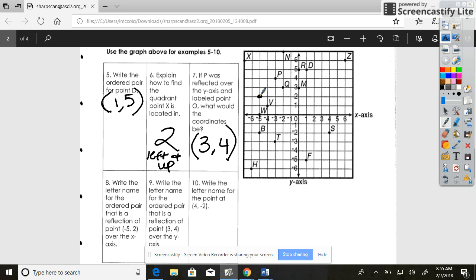If I reflected -5, 2, where my pointer is right now, what letter would it now be over the x-axis? So instead of moving 2 up along the x, I'm going to move 2 down, which puts me at point or letter B right here. That's its reflection.